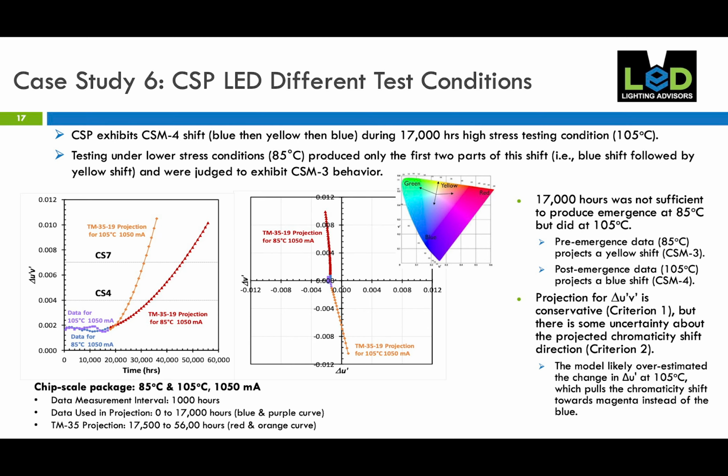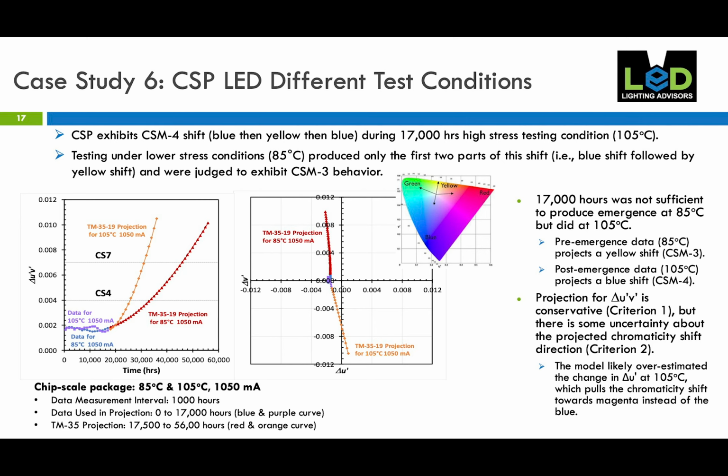This different phase status at the different test conditions resulted in a different predicted chromaticity shift behavior by the TM35 model. In pre-emergence, the CSP is showing a yellow shift, CSM3, and in post-emergence, the yellow shift actually turns back to the blue and is consistent with our CSM4 model, where it goes yellow to blue.